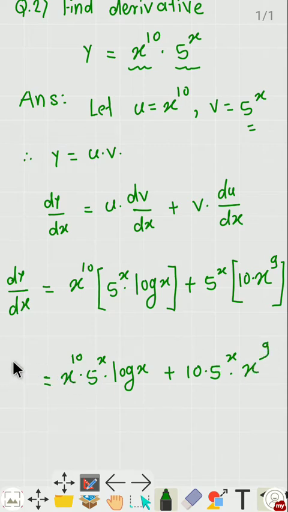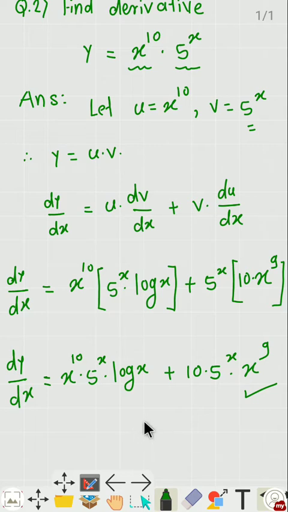So this is the derivative of function y with respect to x. Okay, these are the two examples based on the derivative of product of two functions.